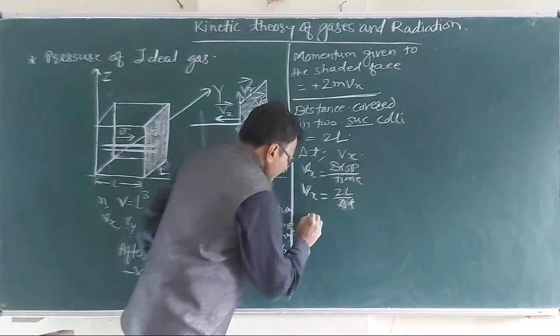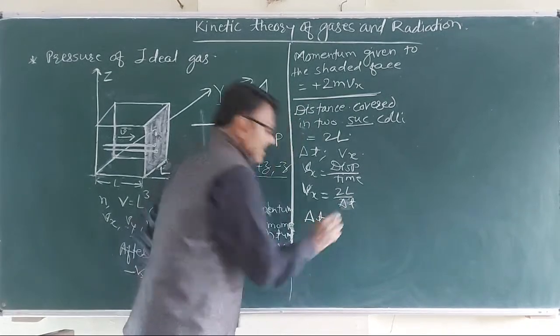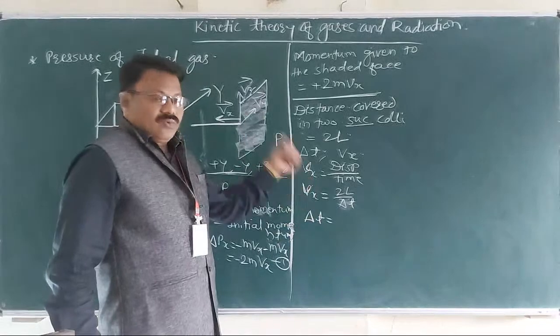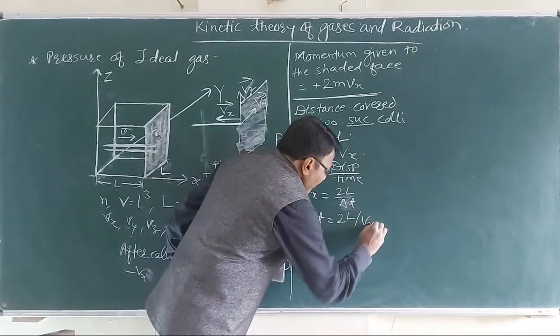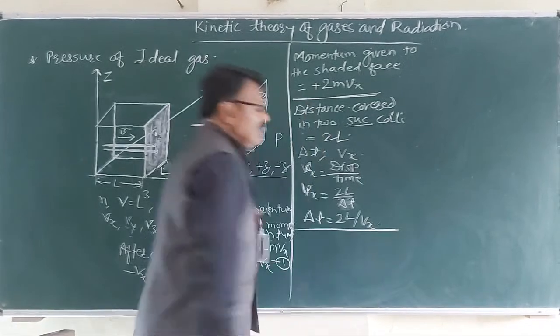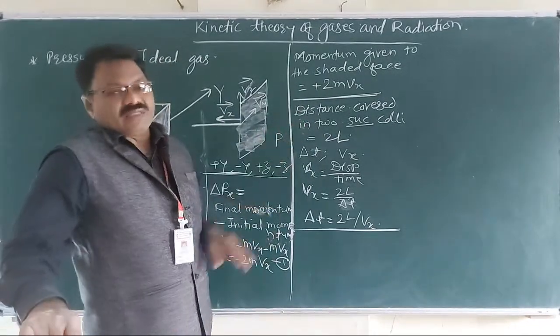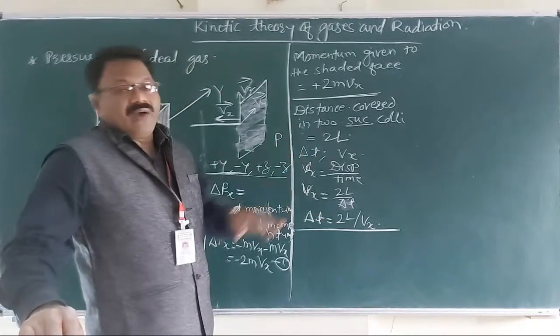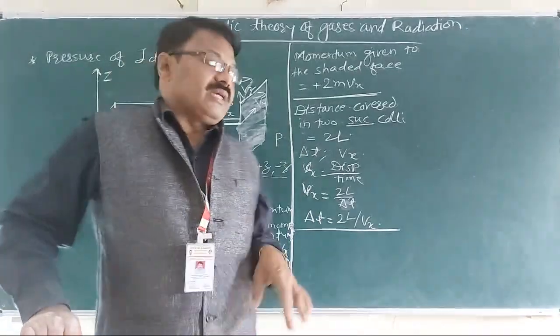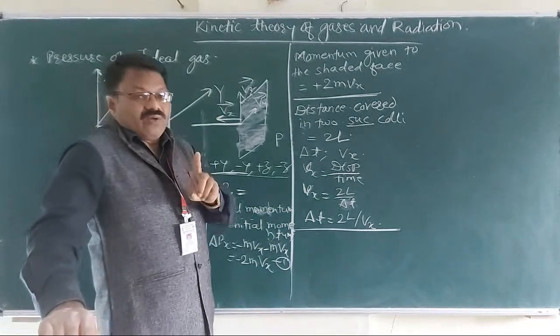Therefore delta t, the time between two successive collisions, is twice L upon Vx. Now average force exerted by the molecule 1.